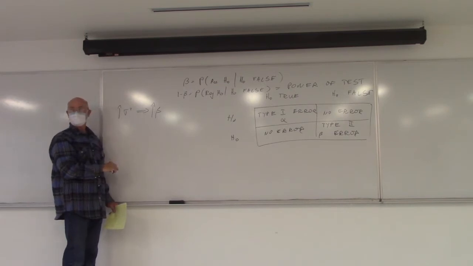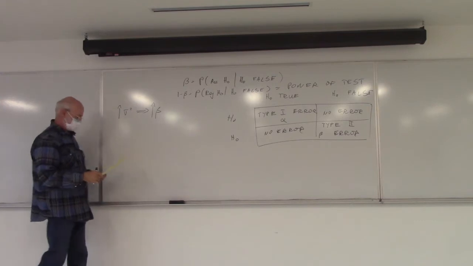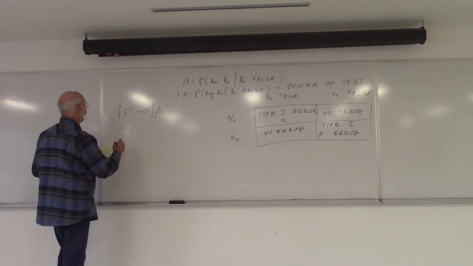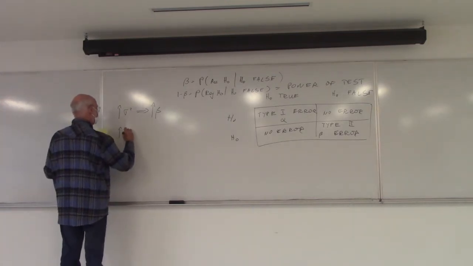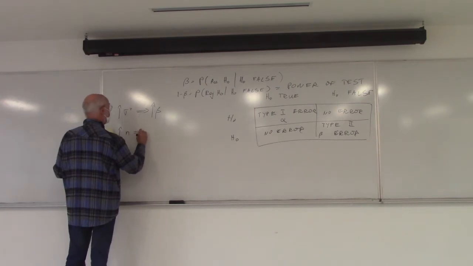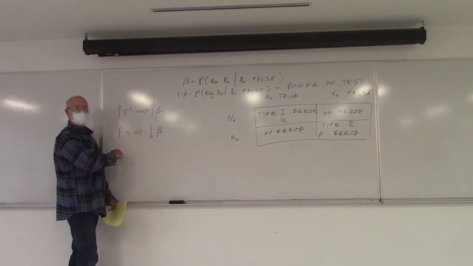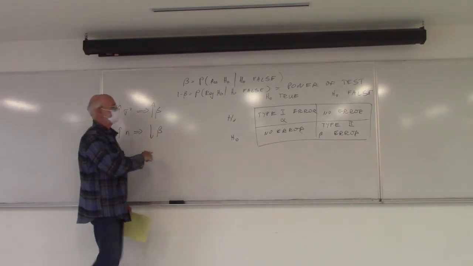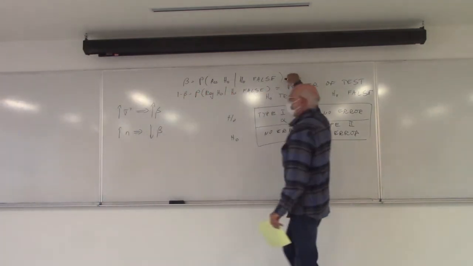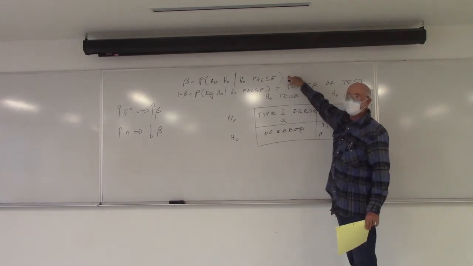Everybody see that? As you increase the sample size, then you get a decrease in beta. So as your sample size gets larger, the type 2 error rate gets smaller, and therefore your power gets larger.